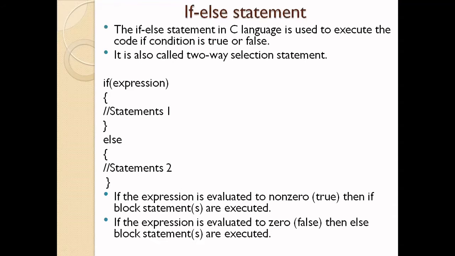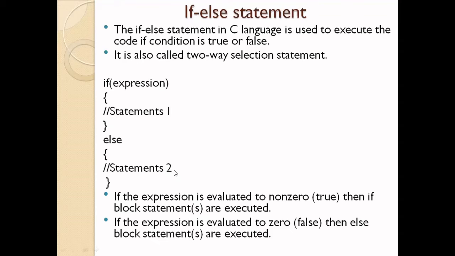Next we are going to see the if else statement. Now I am giving one condition. For example, we can take if A is greater than B. If A is greater than B, it goes to the true statement and executes statement 1. If it is false, it will execute statement 2.